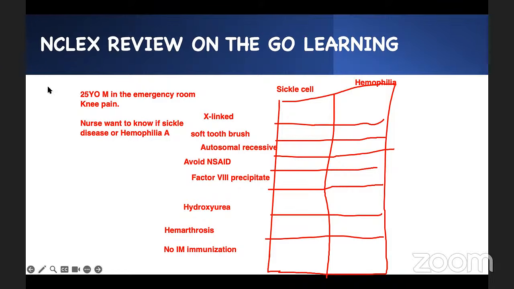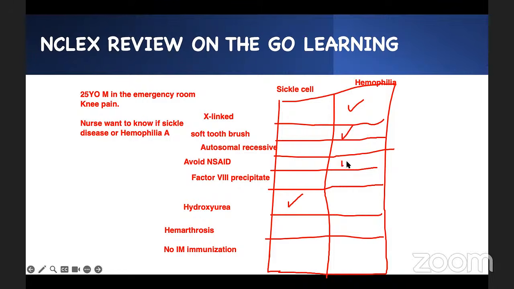What do you think? I see somebody say hemophilia is X-linked. Okay. And somebody say hydroxyurea is sickle cell. Somebody say hemo needs a soft toothbrush. Okay, I'm just selecting what you guys say. What you say, I pick. Somebody say 1, 2, 4, 5, 7 is hemophilia. So 1, 2, what? 4.